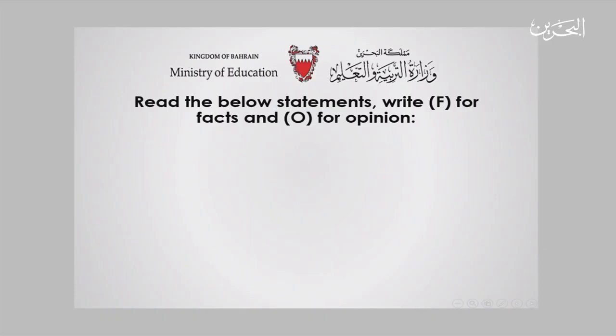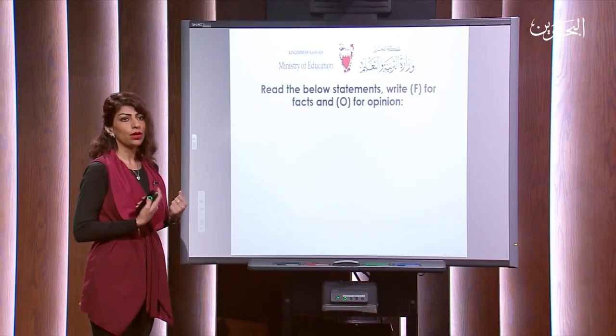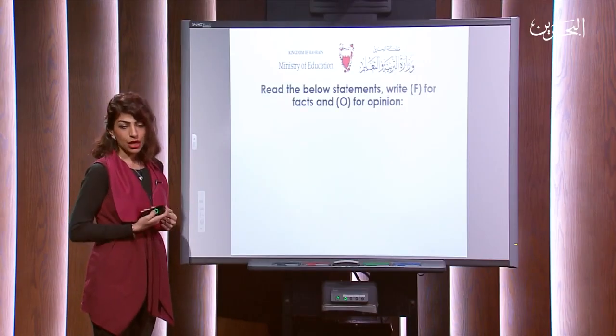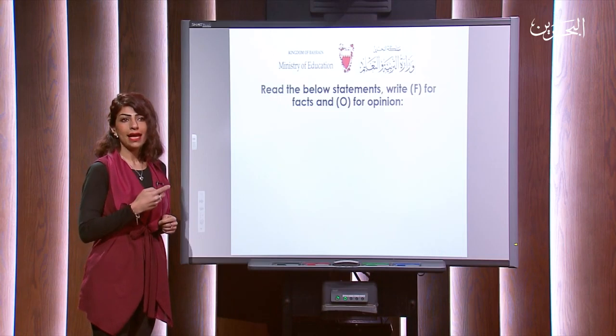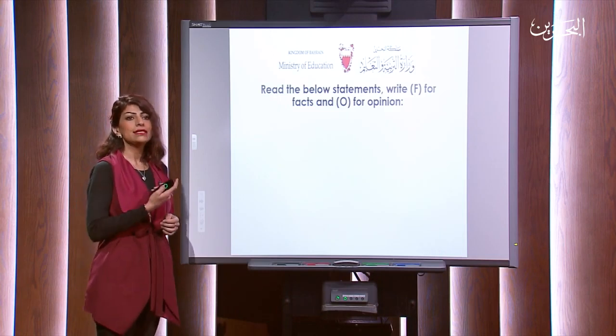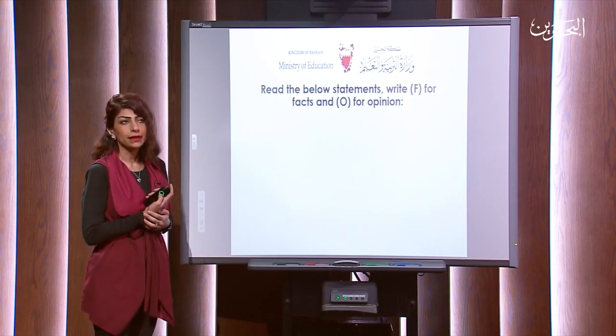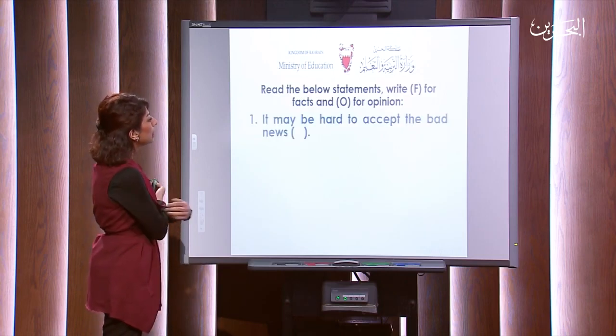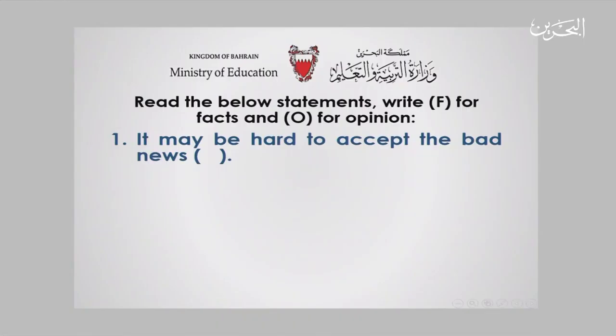Now, read the below statements. You're going to have 3 statements, and I would like you to think whether they are facts or opinion. Pay attention to this. You're going to write F for facts and O for opinion. Number 1, it may be hard to accept the bad news.